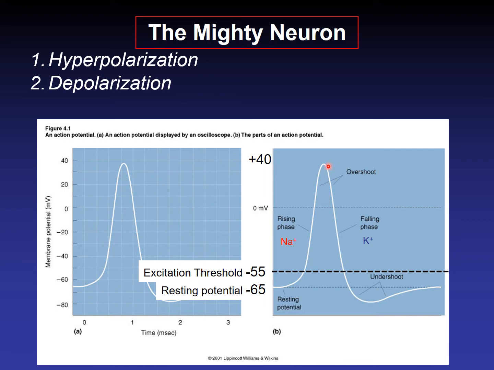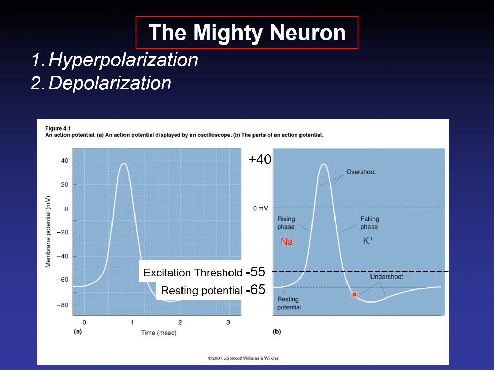So if you open potassium channels, potassium will follow its concentration gradient to the outside of the cell. This means that positive charge is leaving the cell. If positive charge is leaving the cell, that means the inside of the cell is going to become more negatively charged. So we stopped letting sodium in, and we've begun letting potassium out. The inside of the cell returns to a negative state. It will actually undershoot.